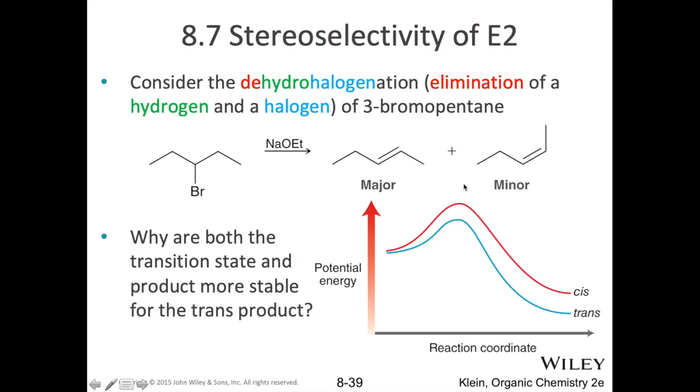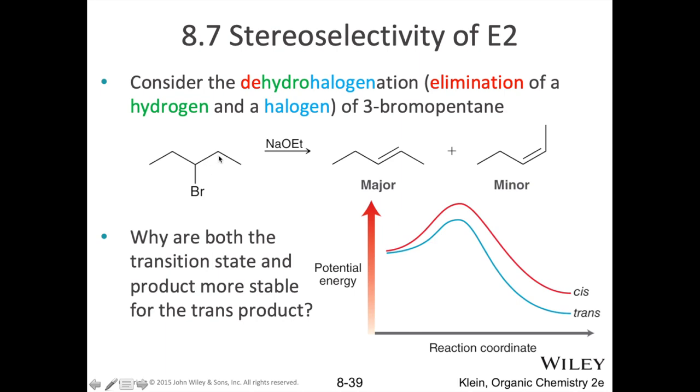You'll notice also, looking at this reaction coordinate diagram, that the transition state for the trans product is also more stable. The reason that the transition state for your trans product is a little bit more stable actually also has to do with your bulky leaving group. Your leaving group is typically a relatively bulky group to help stabilize the negative charge it's going to take with it.